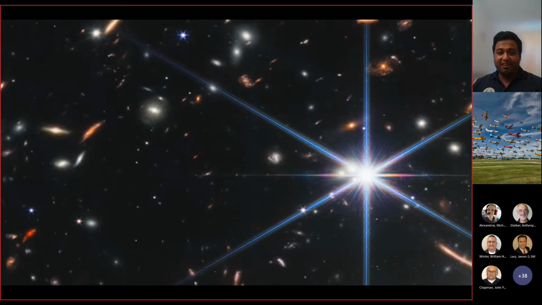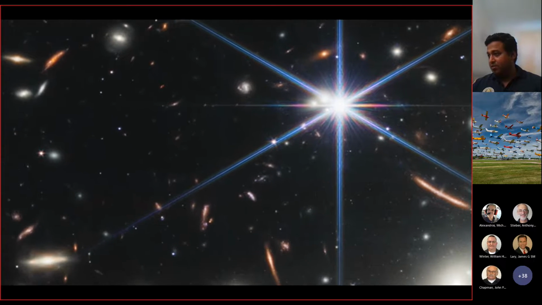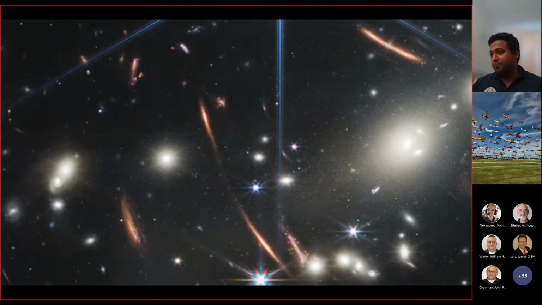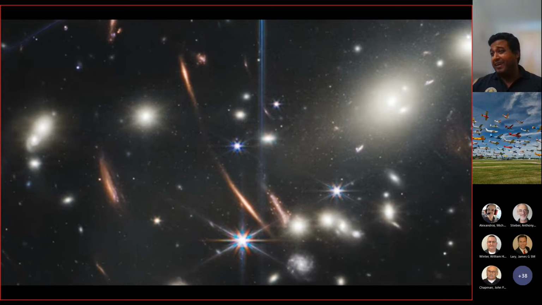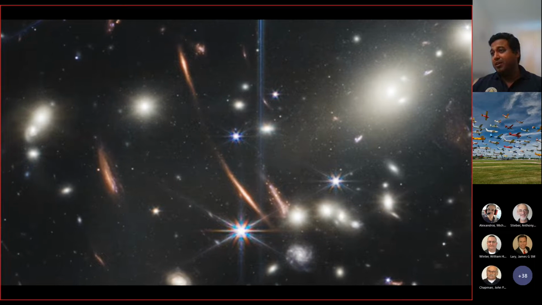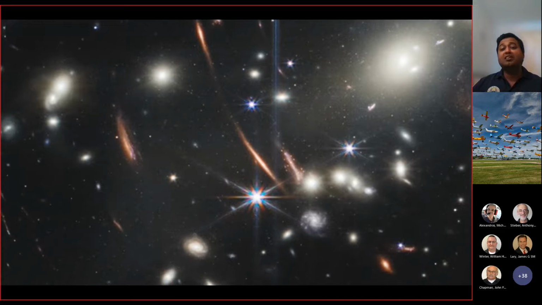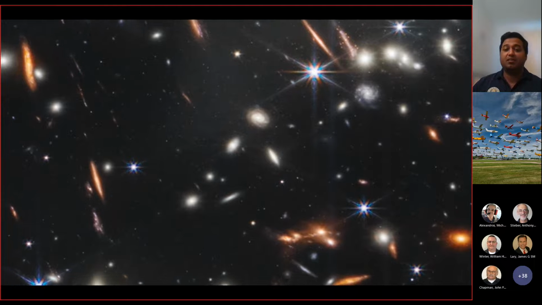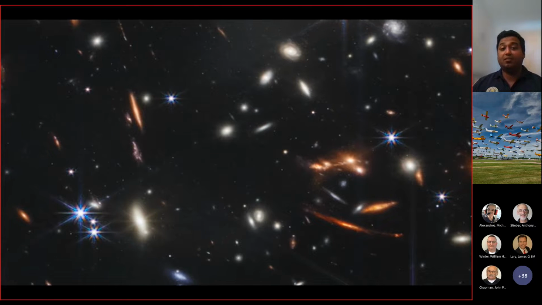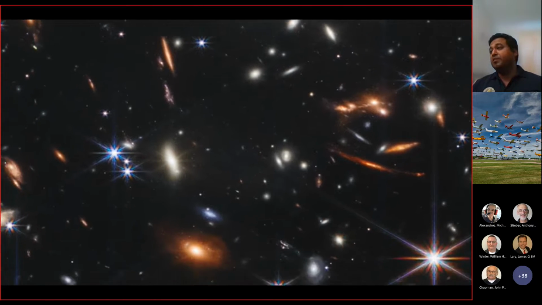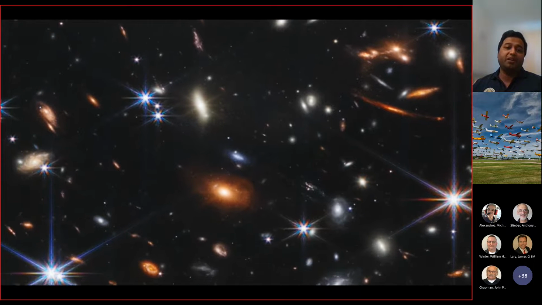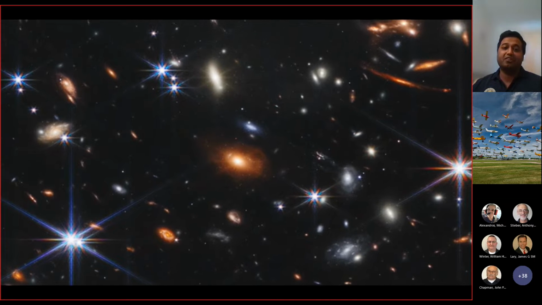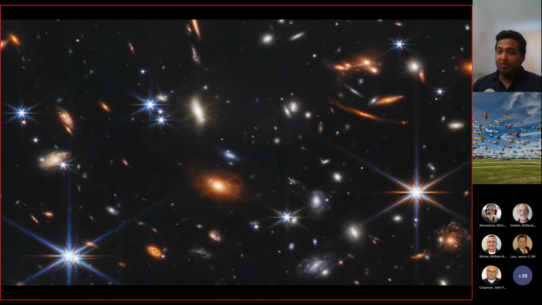There's a bright star there as well, and then there are a lot of galaxies. Some appear blurry compared to the others because gravity itself acts as a lens when you zoom in past a certain time frame. So the efficiency of the primary mirror increases because gravity itself will bend the light for you.